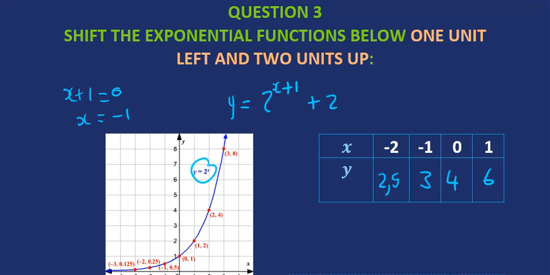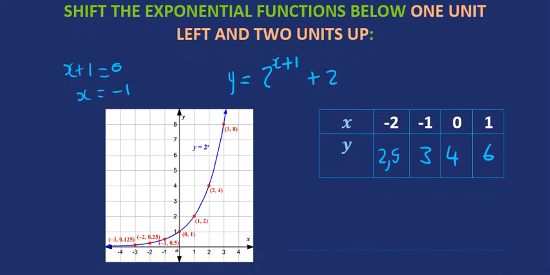Alright, so what we want to do now is we want to plot those points. Okay, the important thing to also remember before we plot the points is that the exponential function has an asymptote at y equals to 0, so it may not touch y equals to 0.